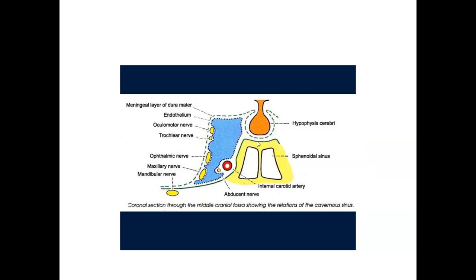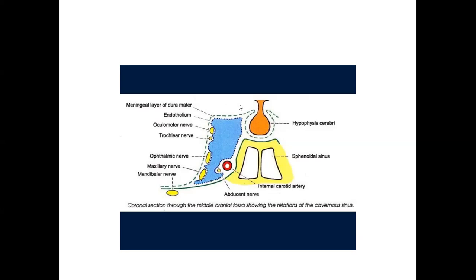This continuous green line is the endosteal dura mater, whereas this intermittent line is the meningeal dura mater. Medially, it is formed superiorly by pituitary and inferiorly by the sphenoidal air sinuses.